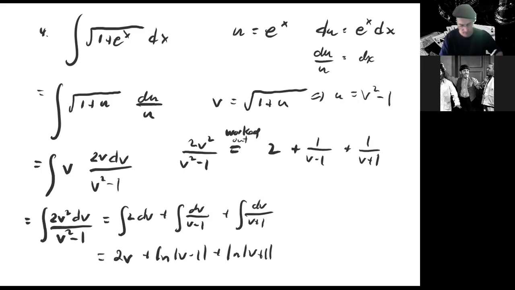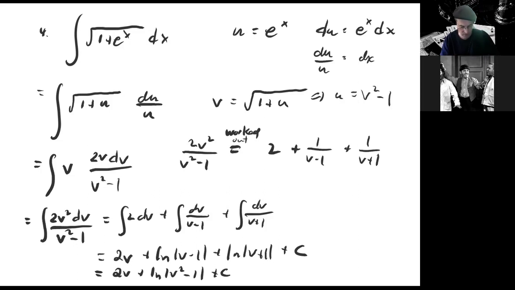But before that, there's a plus c here. I'm going to combine the v plus 1 and the v minus 1 to get ln of v squared minus 1 plus c.